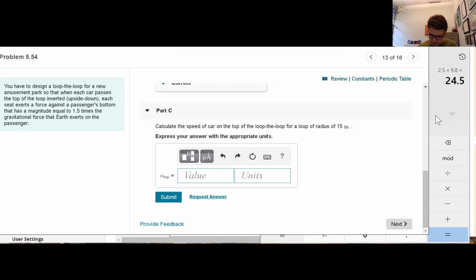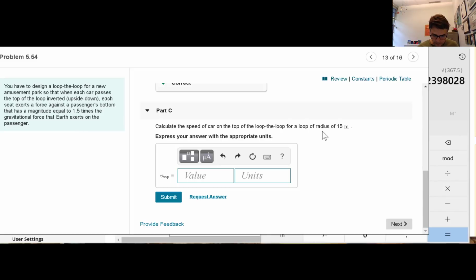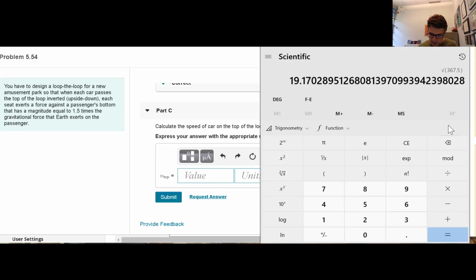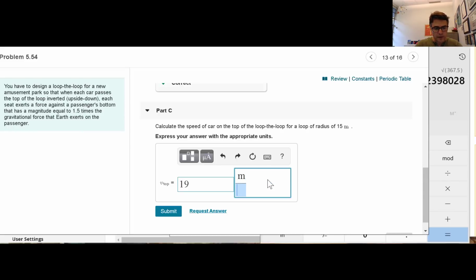Yeah, 15 meters. Square root gives 19.17. Probably two significant digits there, so it's going to be 19 meters per second. Submit.